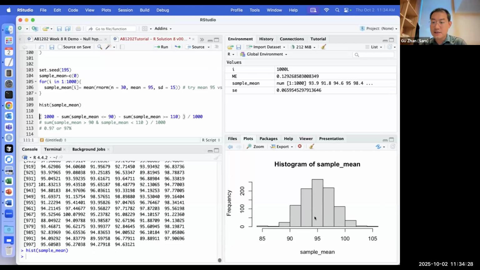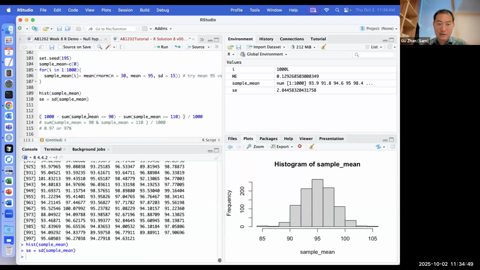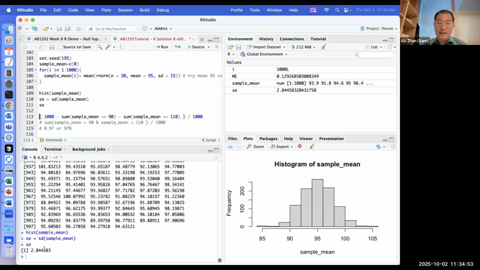What you see here is the sampling distribution of the mean. The empirical standard error is the standard deviation of the sampling distribution of the mean, so this is by simulation. What is your SE? It is around 2.84.